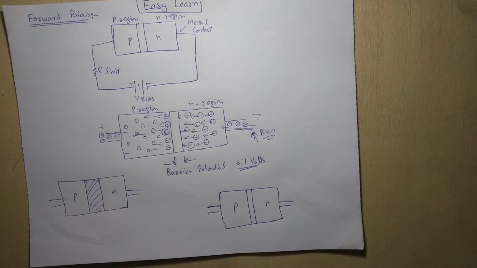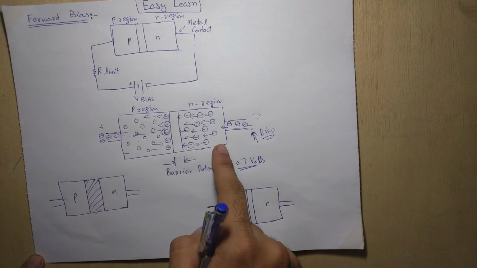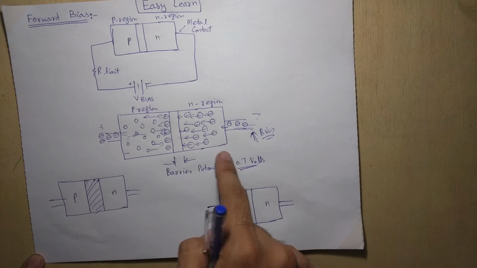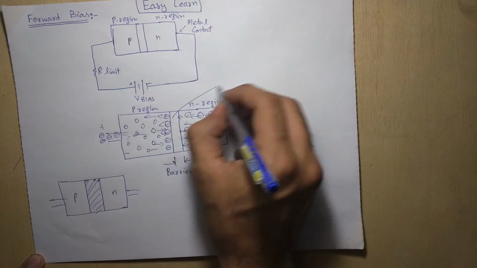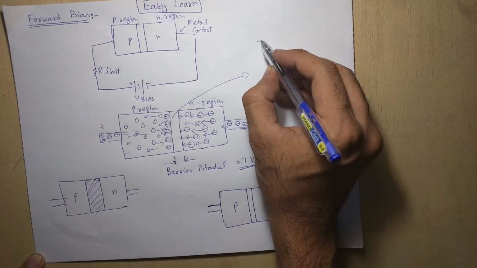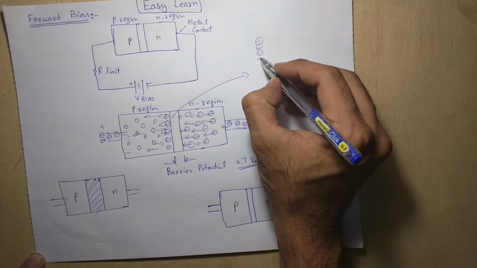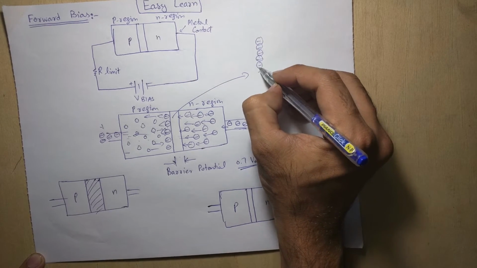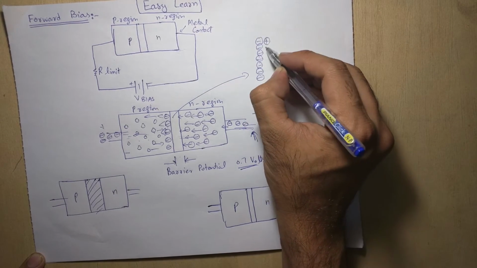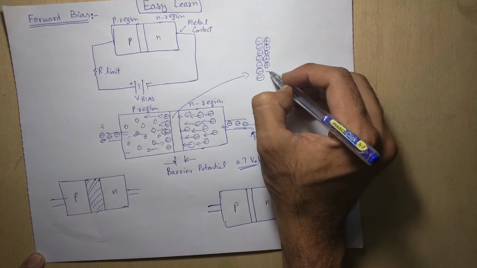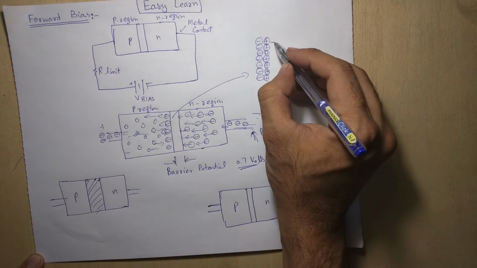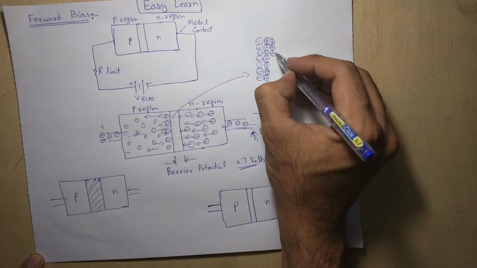Okay, coming back to the point: as more electrons move into the depletion region, the number of positive ions is reduced here. This depletion region is just like a layer, as already explained in the introduction to electronics episodes, a layer of positive ions.